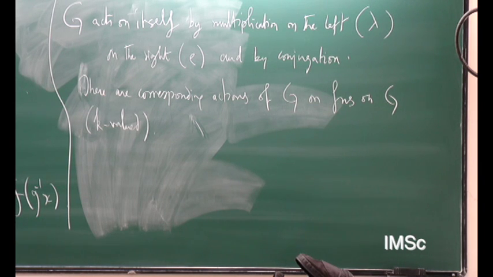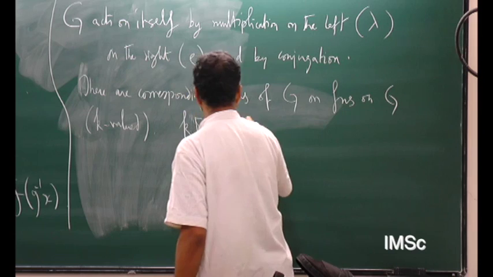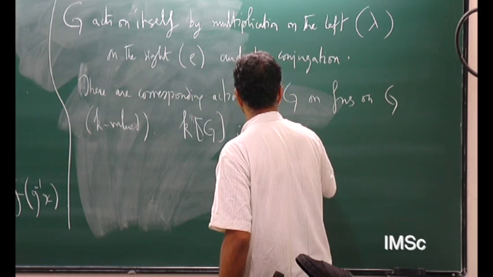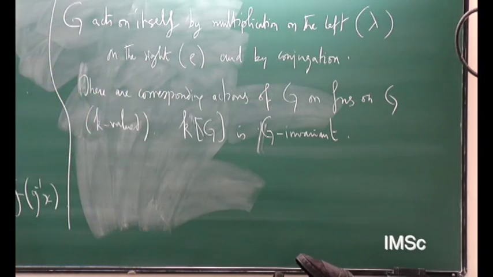I won't do this, but it's also sort of intuitively clear why it should be. We are doing everything in this category, so it stands to reason that the action of G on all functions preserves the polynomial functions. So G acts on K[G]. That's okay. So K[G] is preserved, is G invariant, for all of these actions, whether it's right, left, or the conjugation.